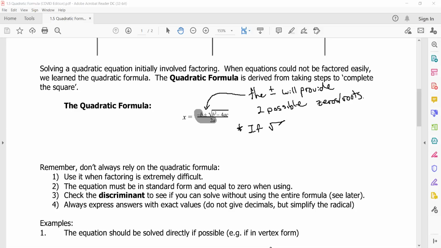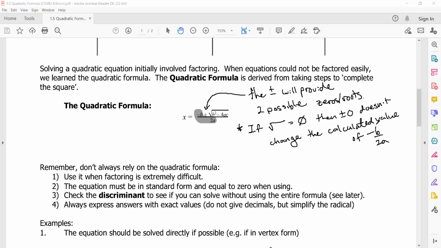If the square root portion equals a 0, then plus minus 0 doesn't change the value. Doesn't change the calculated value of negative b over 2a, right? So if the square root portion is a 0, there's only one answer. So in other words, one root.